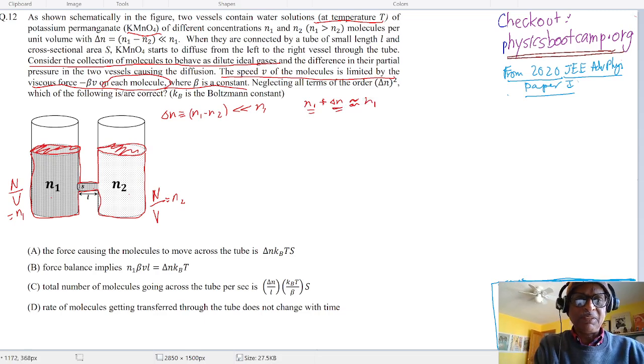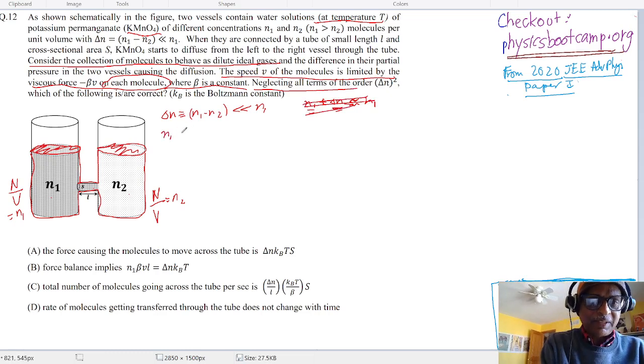If you have to expand N1 around N2, so you have N2 plus delta N, right?